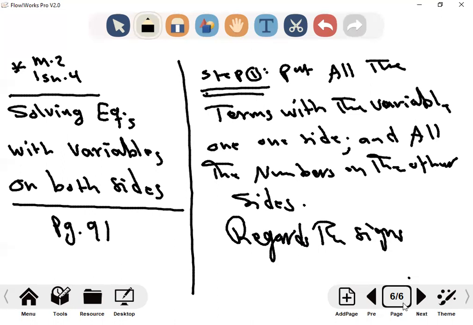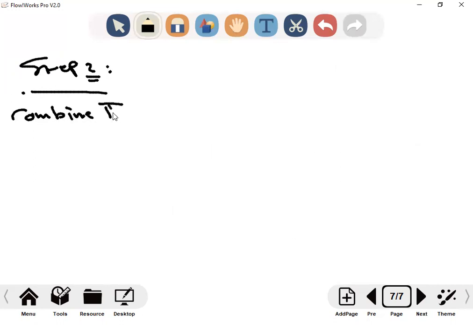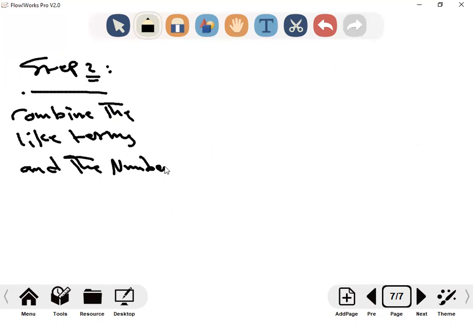Okay. Step two, combine the like terms and the numbers. What does combine mean? It means the like terms I will make them one term.